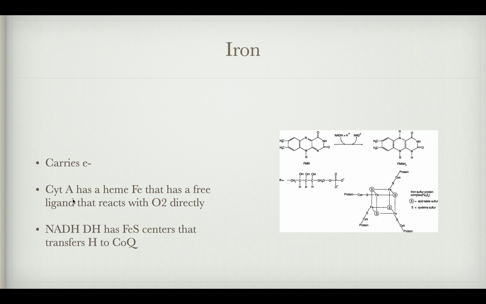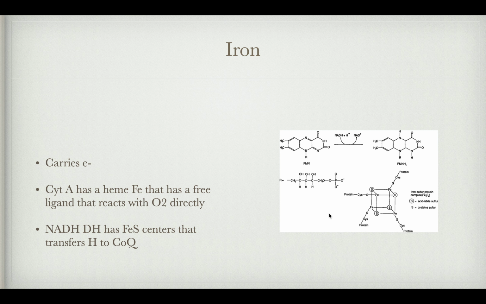But cytochrome A has a heme iron that has a free ligand, and that reacts with oxygen directly. And NADH dehydrogenase has the iron sulfur centers that transfer hydrogen to coenzyme Q.